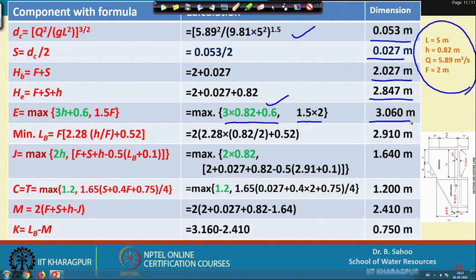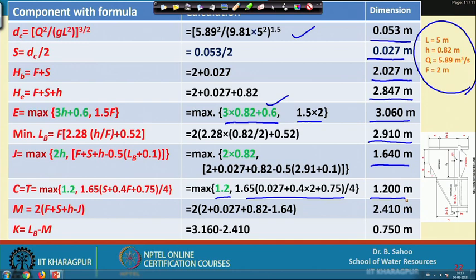The length of the apron, that is L b, I am getting 2.910 meter, and the value of j equal to 1.640 meter. The depth of toe wall and cutoff wall is given by C and T. So, I am getting the maximum value among these two, which is 1.2 meter.